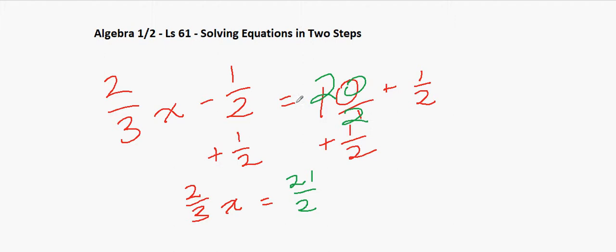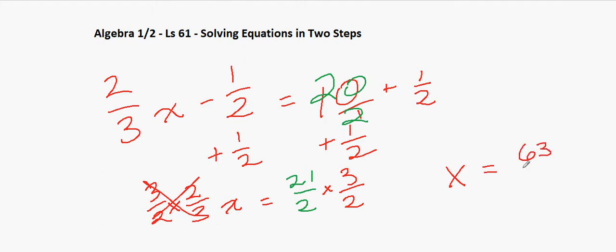That's 10 plus the half from the variable side. Now let's finish. 2/3 x equals 21 over 2. What do I do to solve this? I multiply by the reciprocal of the coefficient like I always have. No canceling that I can do on the right, so it's x equals 63 over 4.